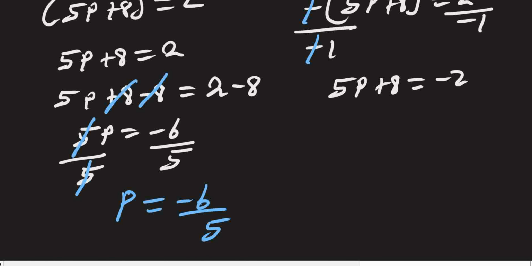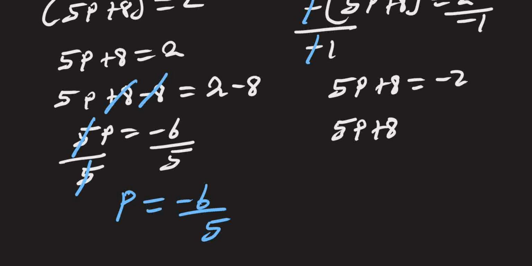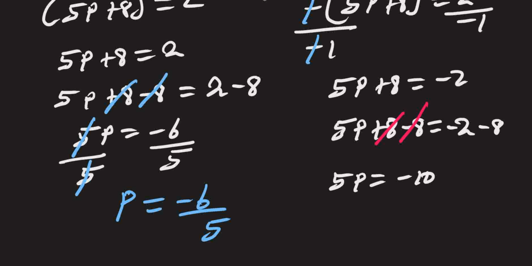Now subtract 8 from both sides. So 5p plus 8 minus 8 is equal to negative 2 minus 8, and 8 minus 8 is 0. So 5p is equal to negative 2 minus 8, which gives you negative 10.